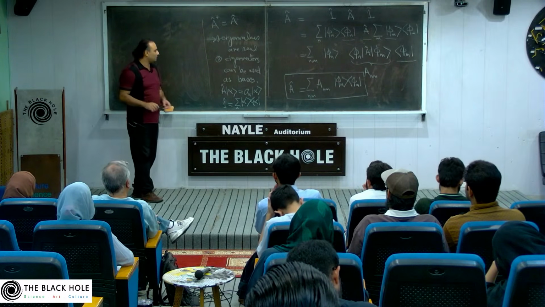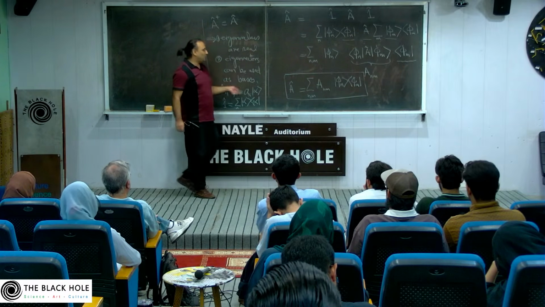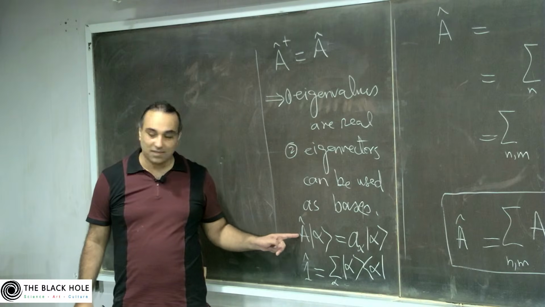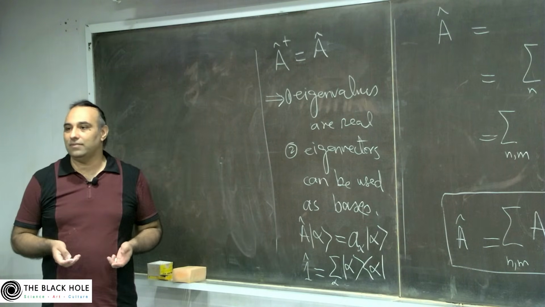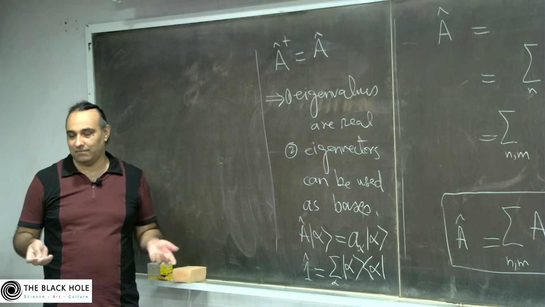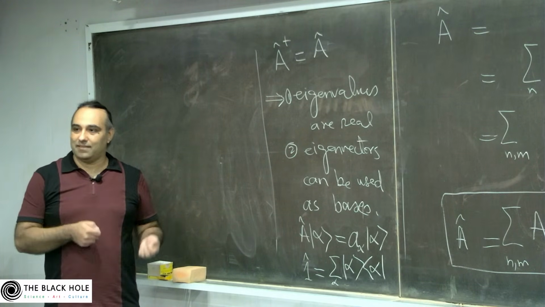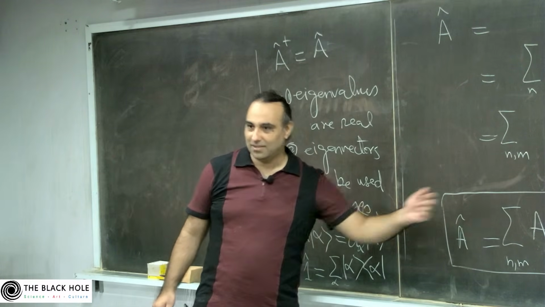So now we can use this with this. Let's say we use these bases for the same operator. We are using eigenbases, that's what we call it: eigenstates of an operator used to represent itself. We can represent an operator in any basis.